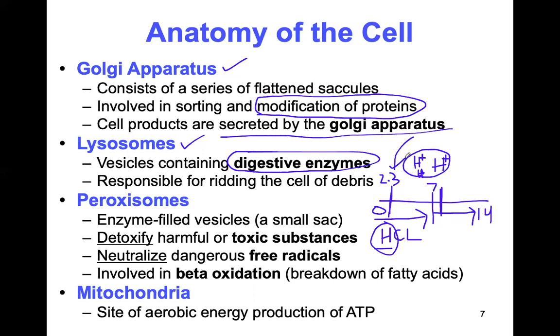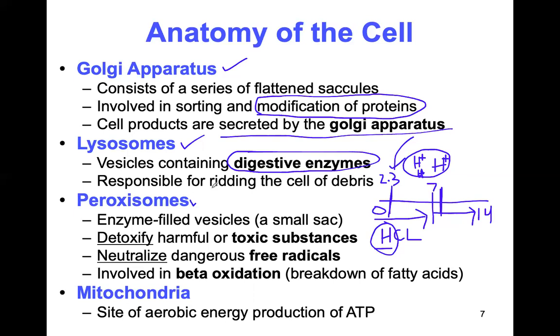So lysosomes are filled with lots of hydrogen and digestive enzymes. And when it finds something that may have invaded the cell, the lysosome opens up, releases those digestive enzymes and all the hydrogen, lowers the pH of whatever it is, and destroys it. It's really like cleanup. It's designed to rid the body of a lot of debris that's found within the cell. So that's the job of the lysosomes.